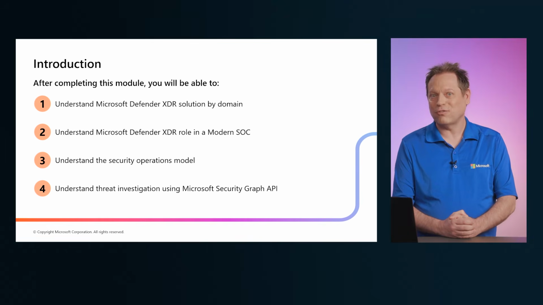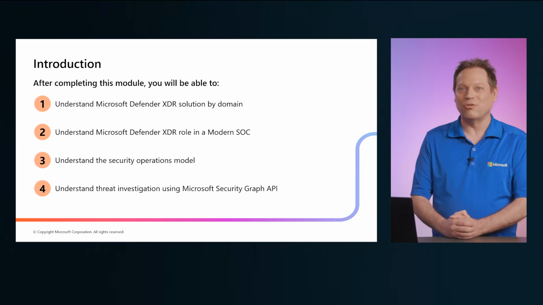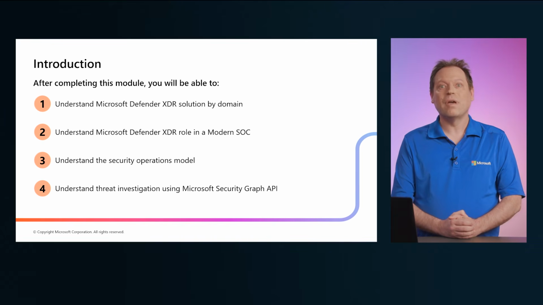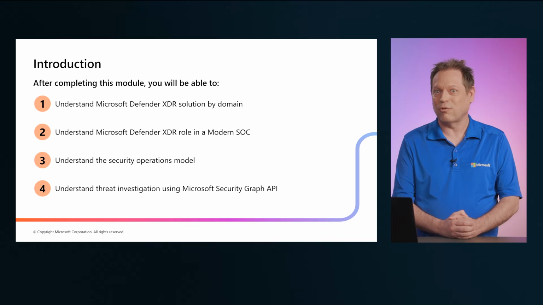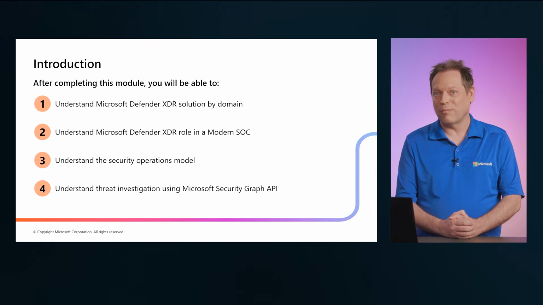Third, understand the security operations model, how people, process, and technology combine to reduce risk. And fourth, understand threat investigation using the Microsoft Security Graph API, so you can connect these insights programmatically when you need automation or custom workflows.